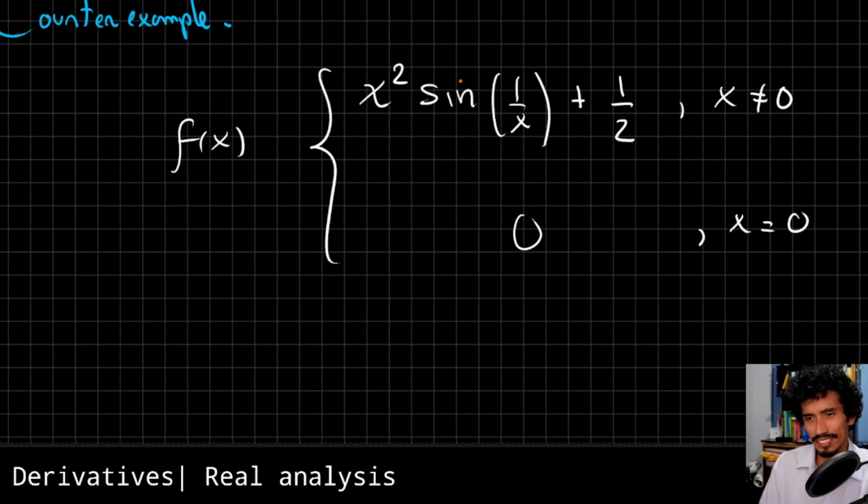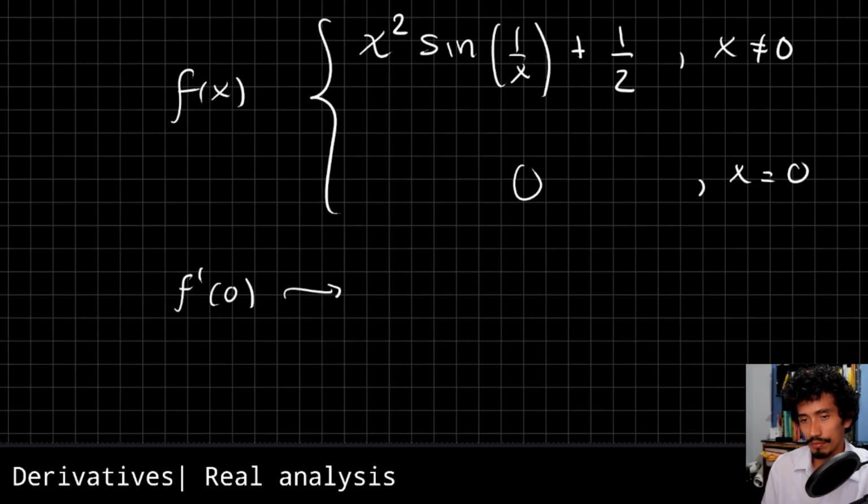You can check that this function is differentiable at every point with x different from 0, so that holds. And we need to see what happens at 0. First of all, we need to check that the derivative exists, which is the same as checking that this limit exists.